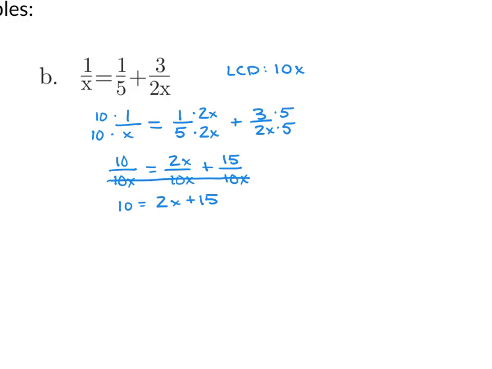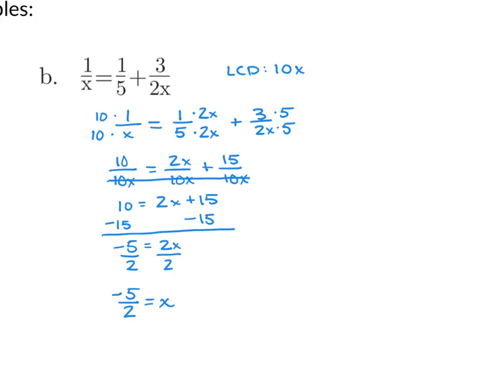Okay, this is a linear equation. All of my variables are on the right, so I'm going to subtract 15 from both sides. I get -5 equals 2x, and we can divide by 2. Our final answer is -5 over 2 equals x.